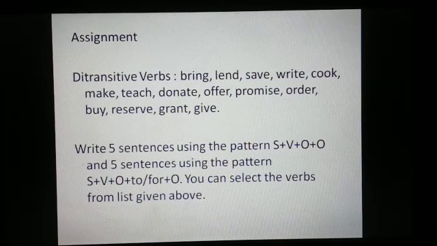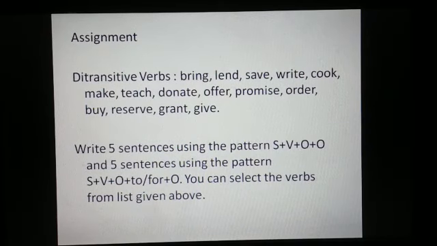You can select the verbs from the list given above. Now you have to write the sentences in a rough notebook or on a page. Take a picture of that and send it to me till 2 o'clock today.